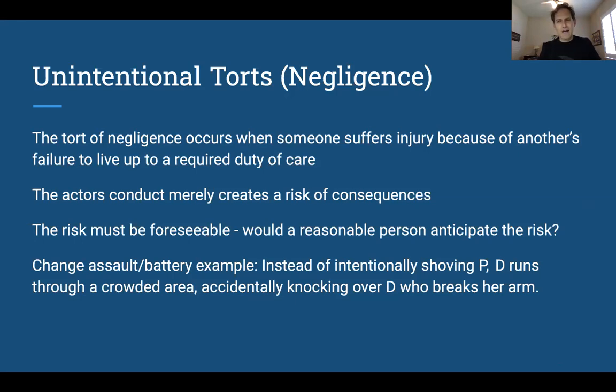That's fairly high. And so, again, you may not have a claim for an intentional tort of battery, but if you're the person that gets hit by that idiot, you definitely have a claim against that person for negligence. Why? There's a foreseeable risk. It's likely that if you are running through a crowded area with your hands swinging, you're going to hit somebody.